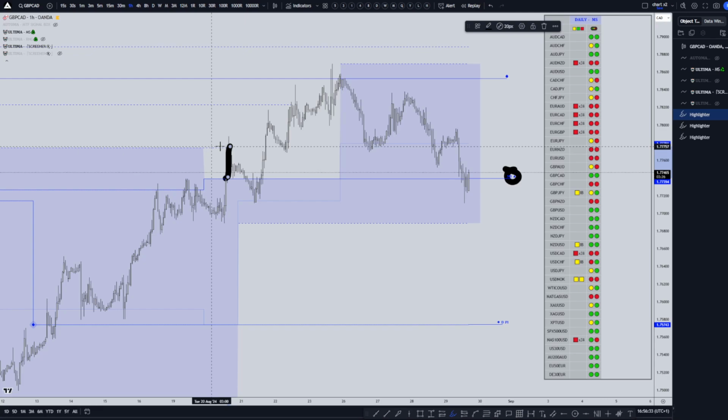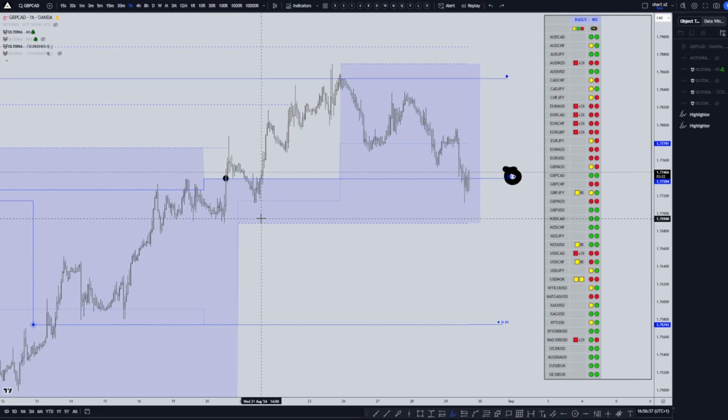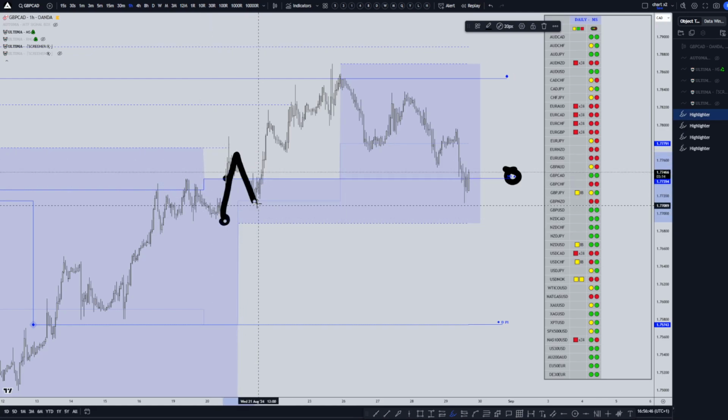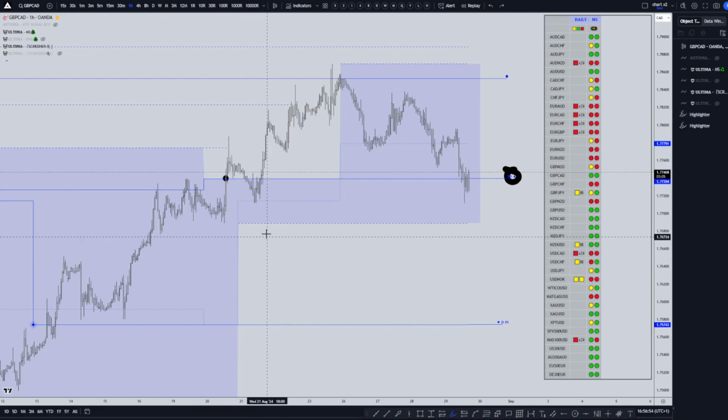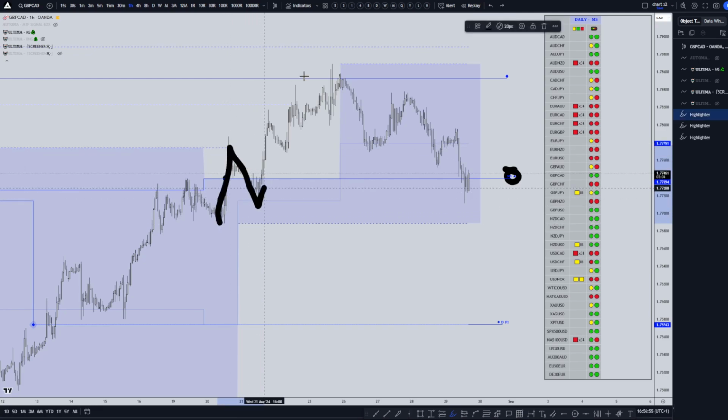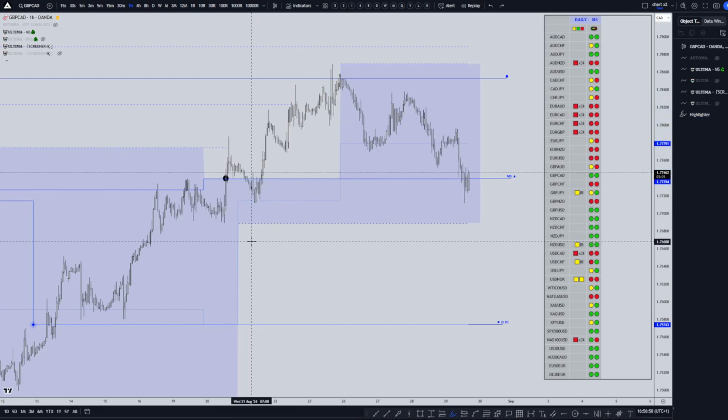Price moved up, took liquidity as it should do, and then it fell back. Fell back where? Exactly 50% from this structural point to this structural point. So basically impulse, correction, impulse, right?